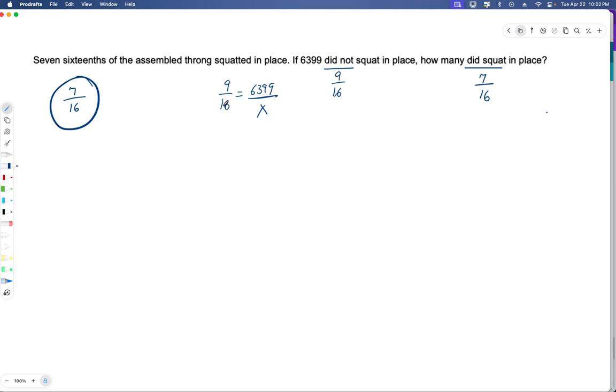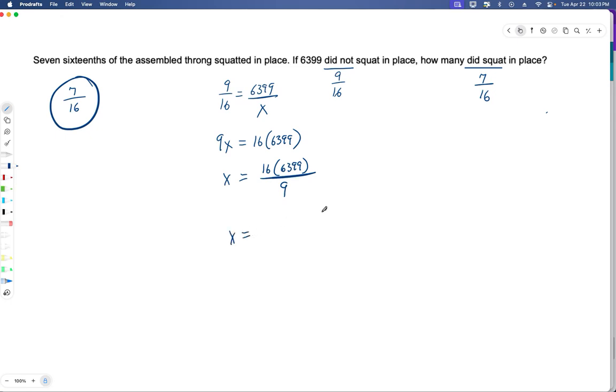This is the total ratio. This is going to be the total number of people. And then once we figure out the total number of people, we'll get the difference to figure out how many squatted in place. So we're just going to cross multiply, and x is going to be equal to 16 times 63.99 divided by 9.